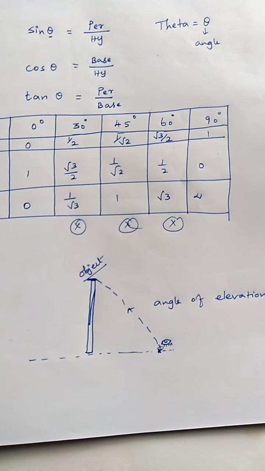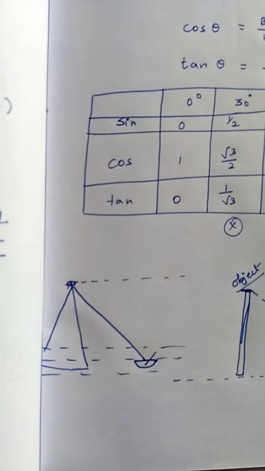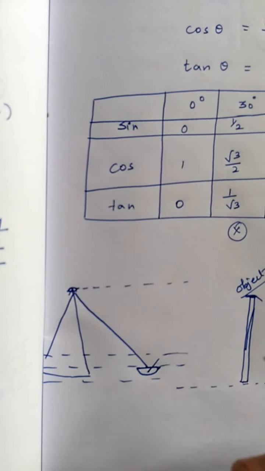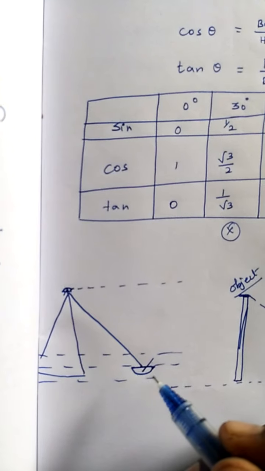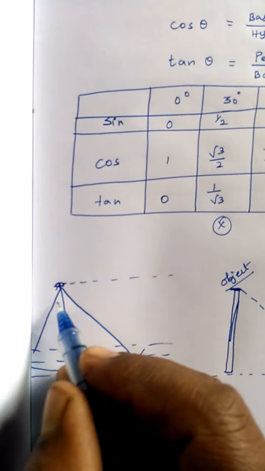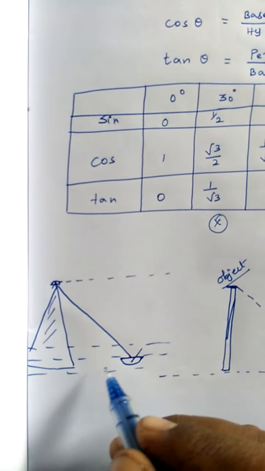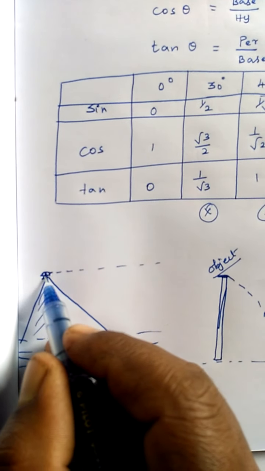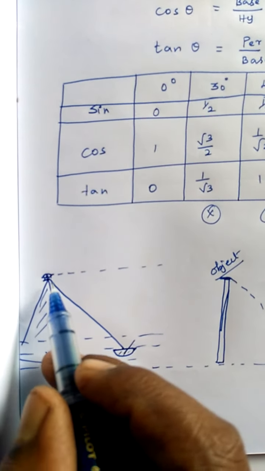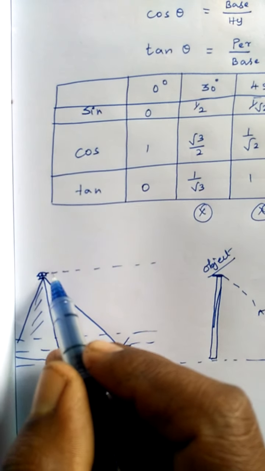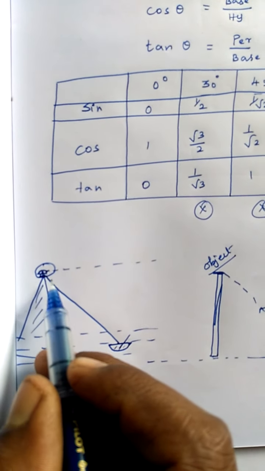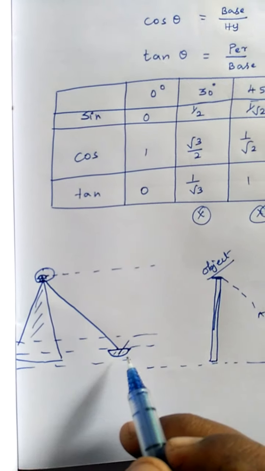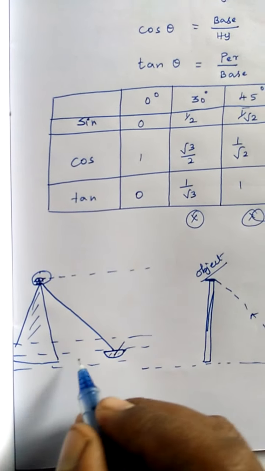Now one more thing is there, the angle of depression. This diagram shows the angle of depression. Suppose there is a tower in the sea, a lighthouse, and you are standing on top of the lighthouse. From the lighthouse you are observing a ship which is coming towards the lighthouse.